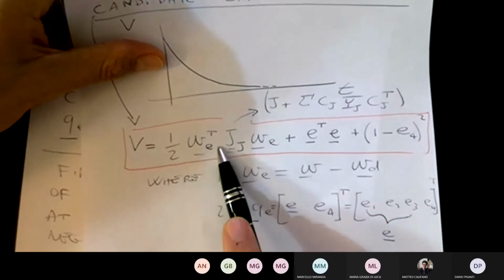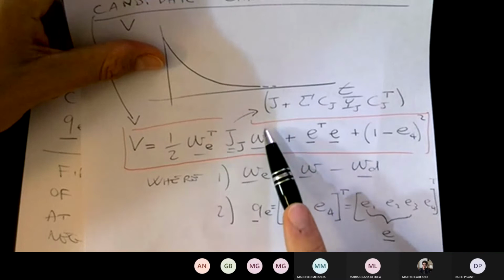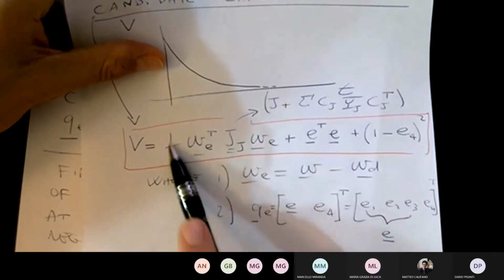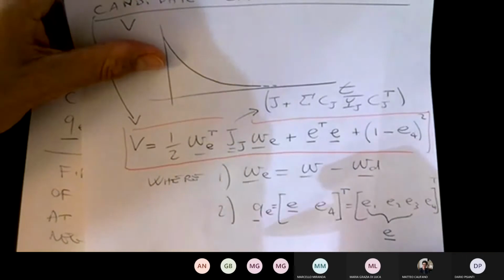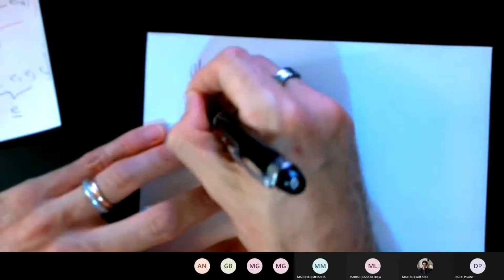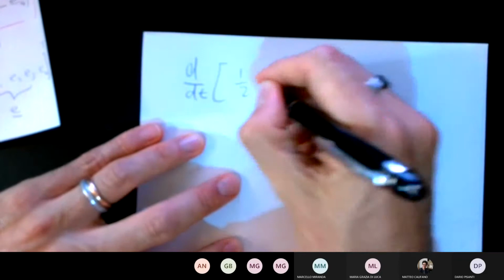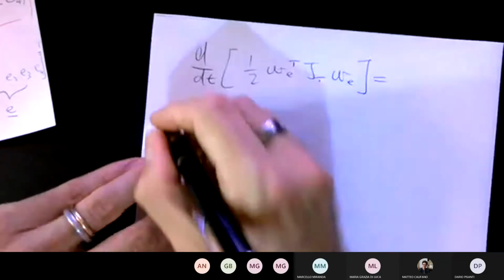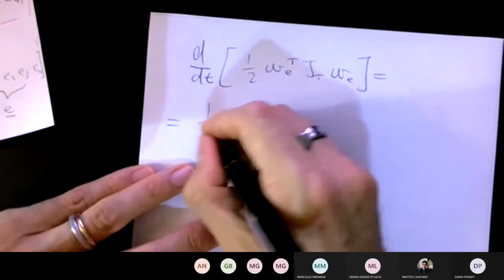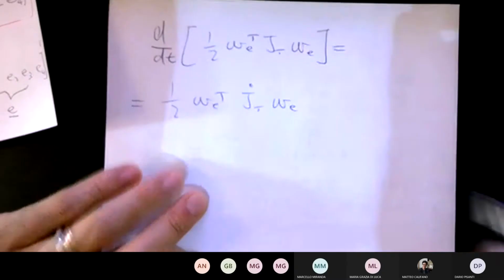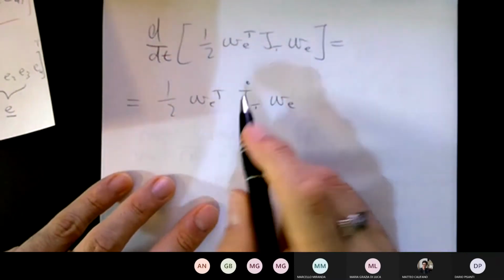You do it twice, you have an omega E transpose dot, and then you have an omega E dot. Since everything is a scalar here, you can transpose it. Let me do it on a separate paper just to show it. Basically, the rate of change of this term, 1 over 2 omega E transpose JT omega E. If I do it, it's going to look like 1 over 2 omega E transpose JT dot, which is the no-brainer where the derivative is of the matrix of inertia.